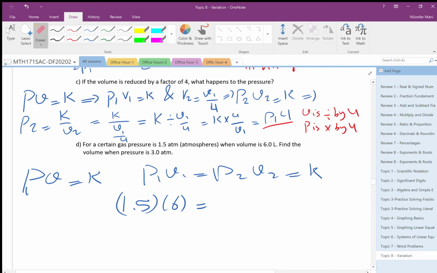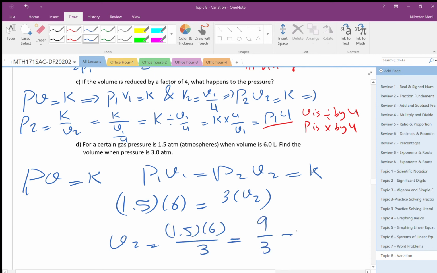So V2 is 1.5 multiplied by 6 divided by 3. So I have 9 divided by 3.